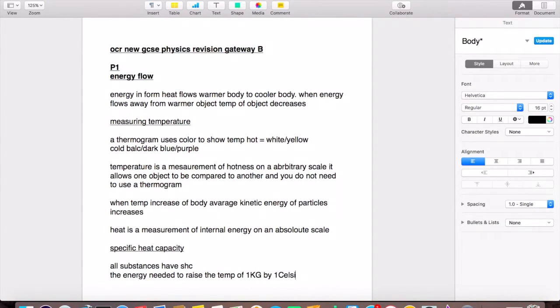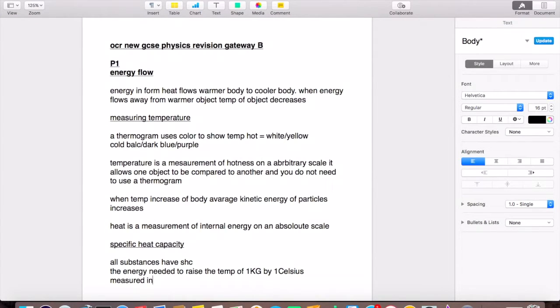This is measured in joules per kilogram degrees Celsius, which is J per kg C, and differs for each different material.